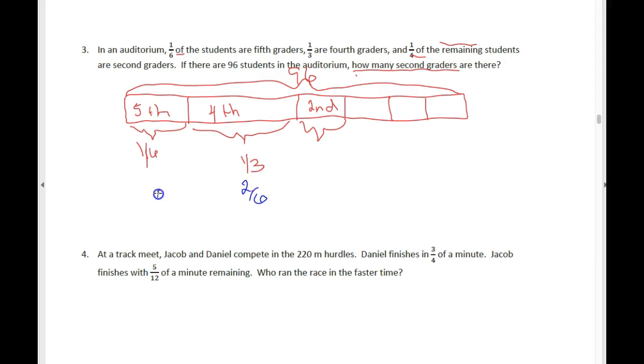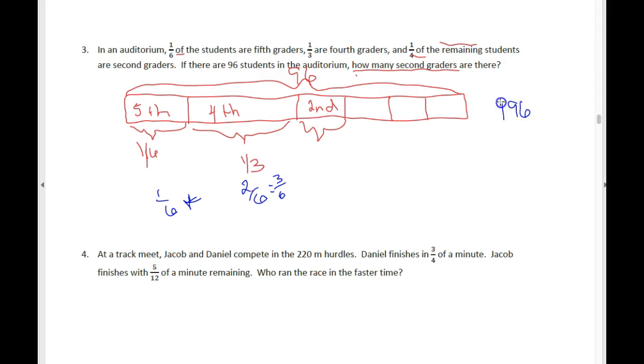And then we're adding to that the fifth graders, which are 1/6. So they're all sixths. 1 plus 2 is 3/6. Interesting, huh? That means half. So half of 96 students are fourth and fifth graders. Half of them are other grades. So let's figure out what half of them happens to be.